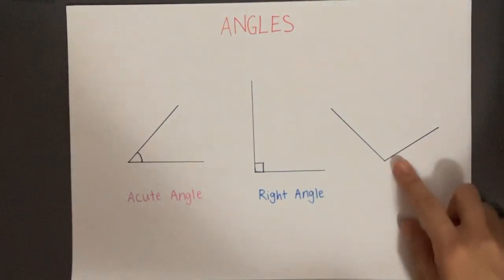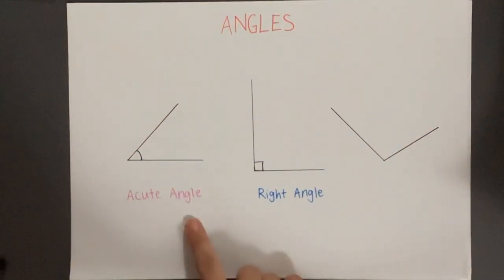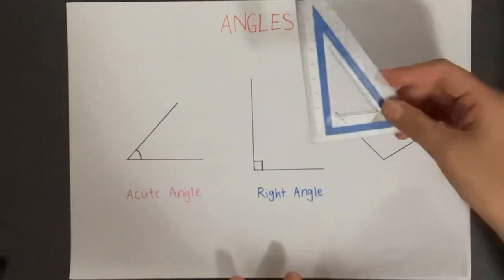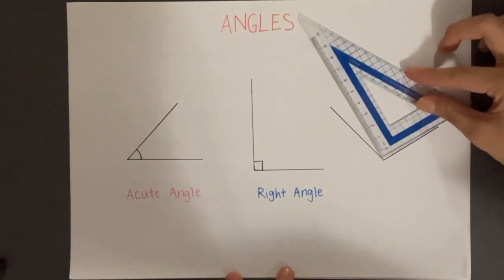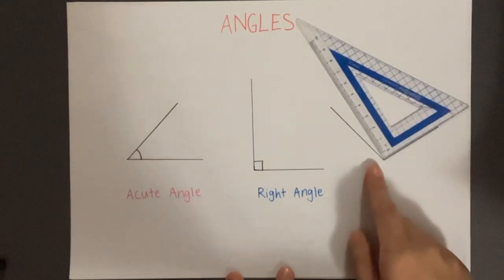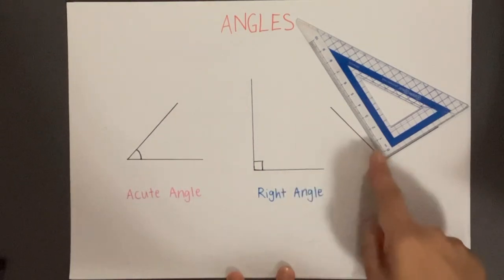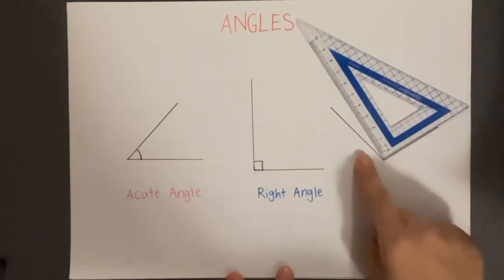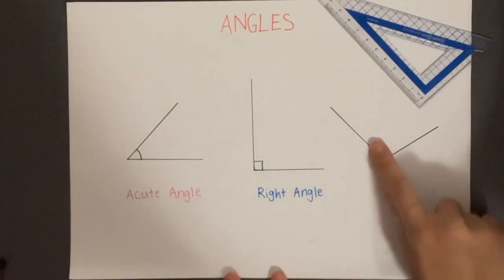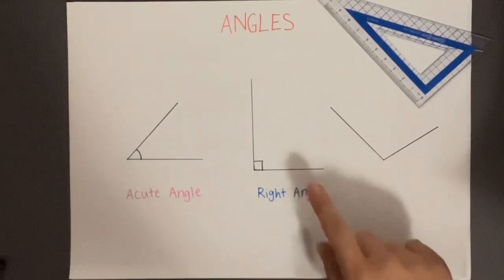What about this one? If this is not an acute angle and it's not a right angle, and if I use my set square to check, I can see that the line is not on the side of my set square. It's actually further away from this line, which means that the amount of turning is more. It is larger than a right angle.